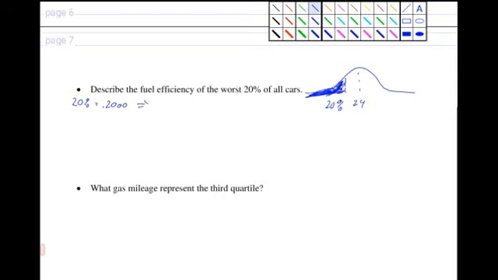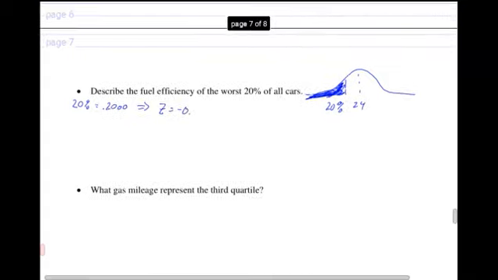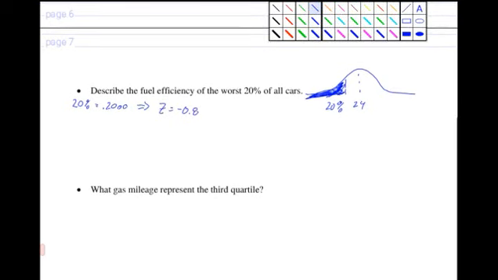So this gives us a z-score of negative 0.84. And we find that by getting as close as we can. When you look at the table, negative 0.2005 is the closest you get to that value.